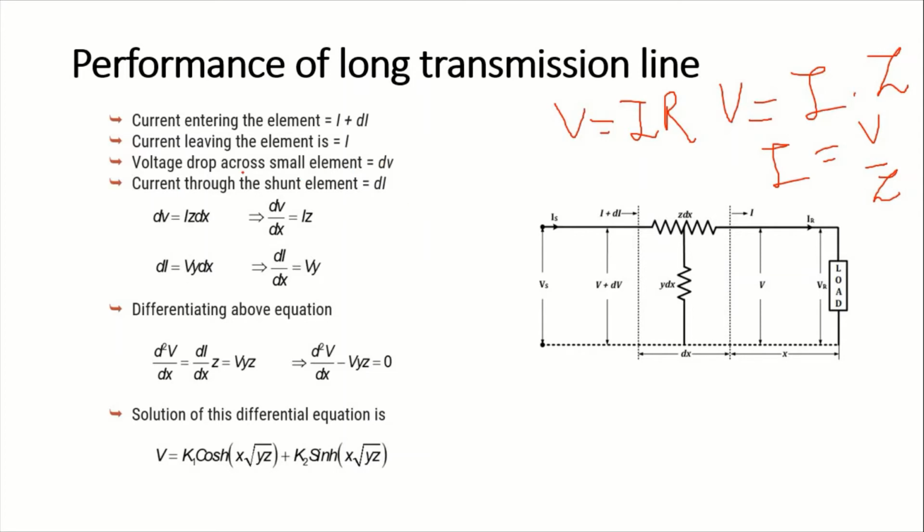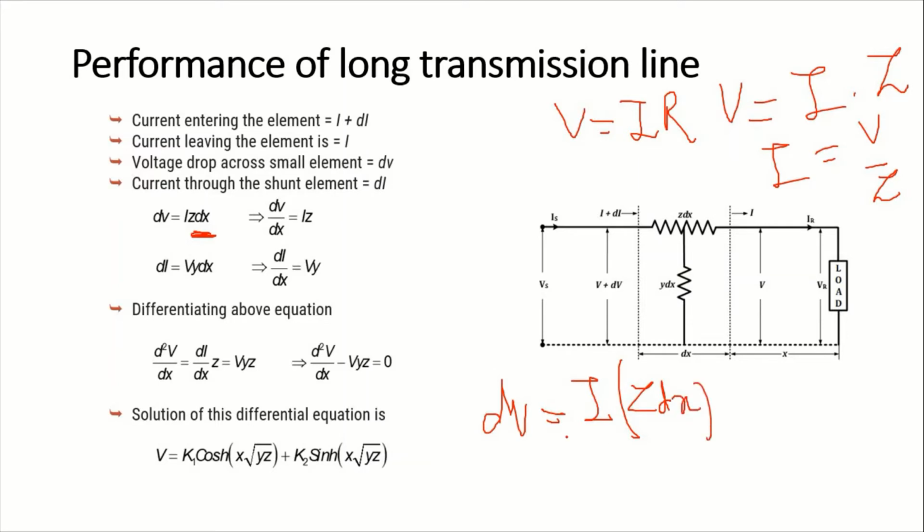So for the small element, voltage is dV, current is I and the impedance is Z into dx. So we can write dV is equal to I into Z dx, because Z dx is the impedance of that element dx.